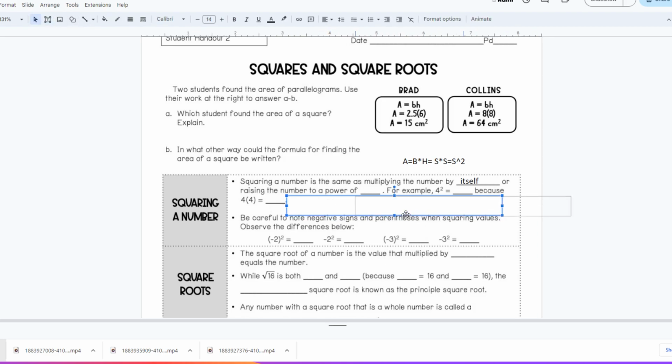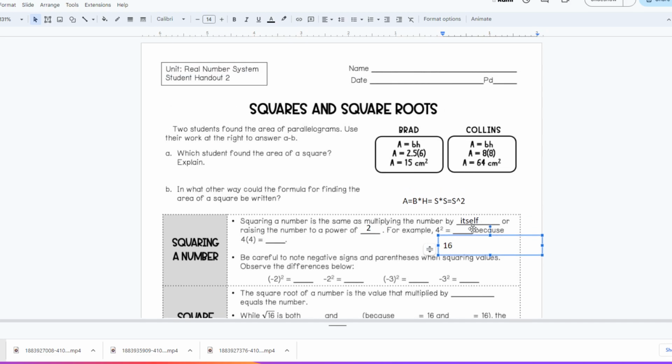Raising a number to a power of 2, for example, 4 to the power of 2, that's how we say this, equals 4 times 4, or 16. Because 4 times 4 is 16.